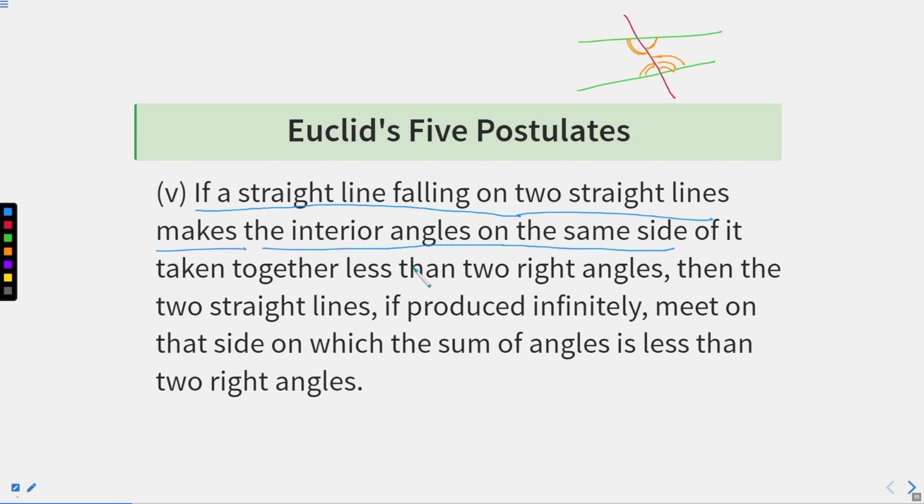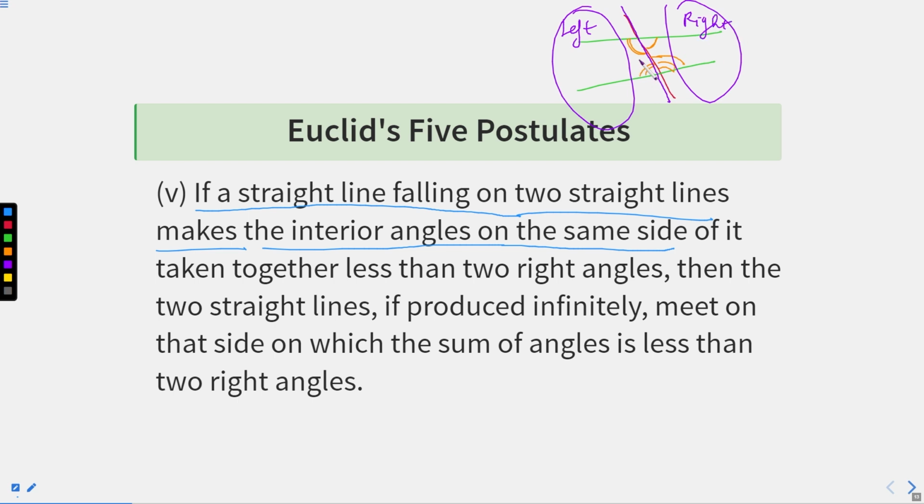Okay, I hope this is clear. So the interior angles on the same side taken together are less than two right angles. So let's make a pair of two interior angles on the same side. What sides are we referring to? This red line is breaking the figure into two parts. This whole part is left and this part is right.